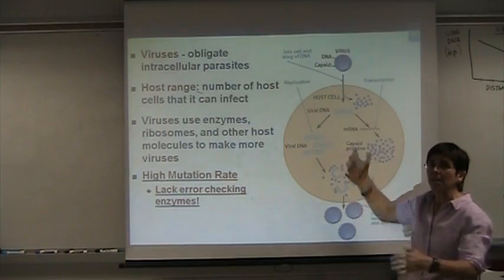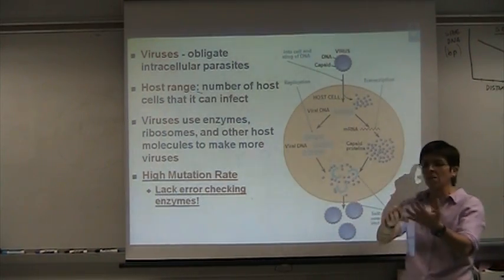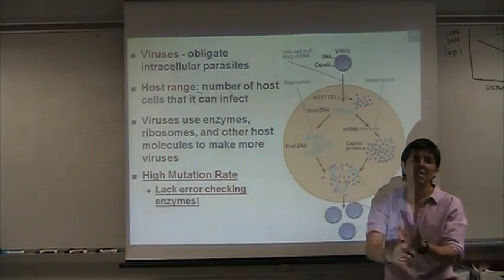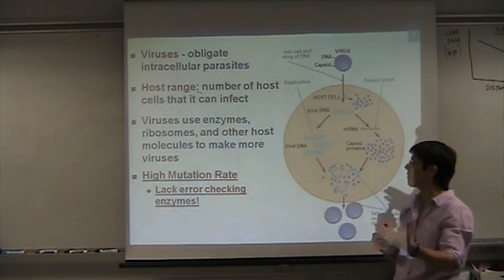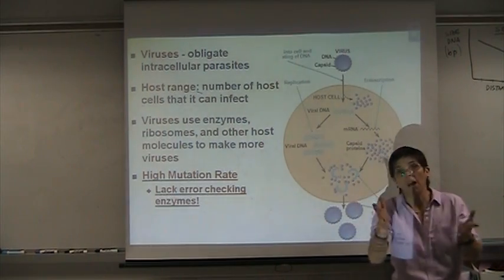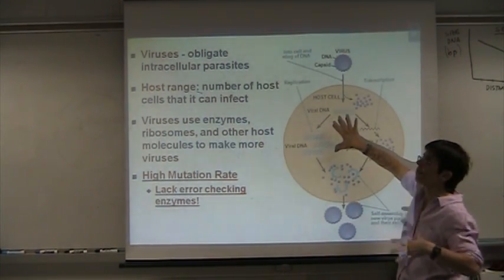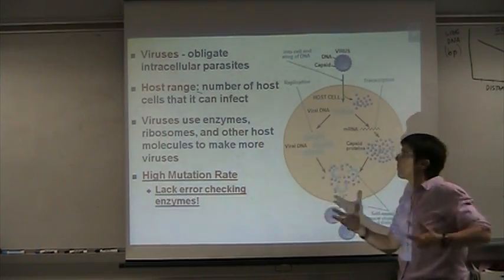They don't carry anything. They use whatever is in the cell. So they use your nucleotides, your helicase, topoisomerases, DNA polymerase 1, DNA polymerase 3, all of them. Oh, and your ATP, everything. They use everything that you have in your cell to make more copies of themselves.